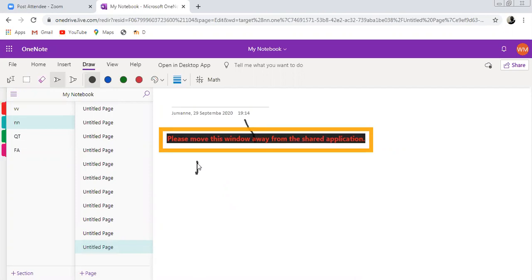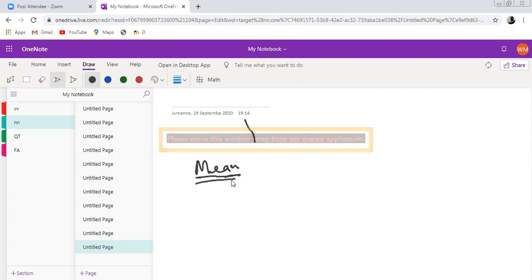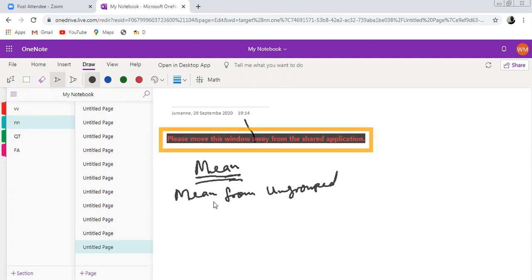So let us go to the mean as one of the measures of central tendency. How do we calculate the mean? Again, here we are going to have the mean from ungrouped and the mean from the grouped. In this case, we are referring to data from grouped data and from the ungrouped data.